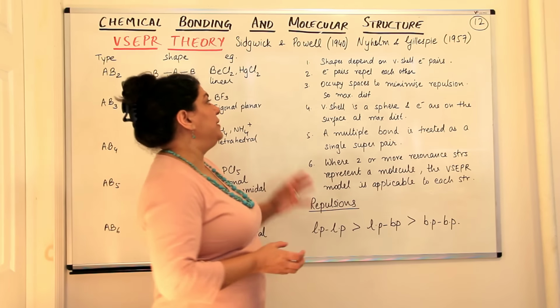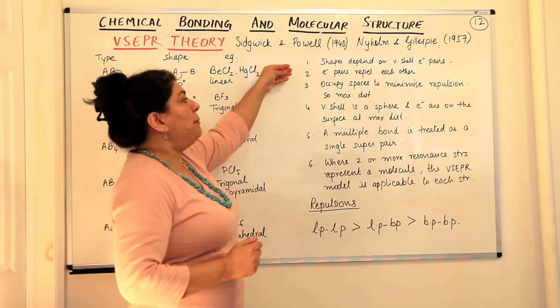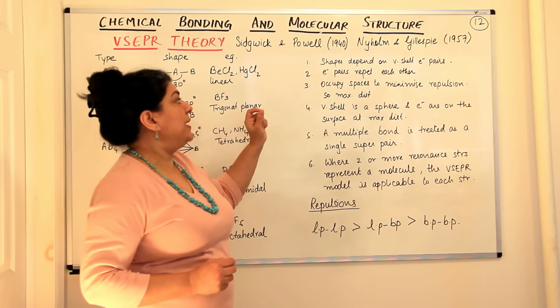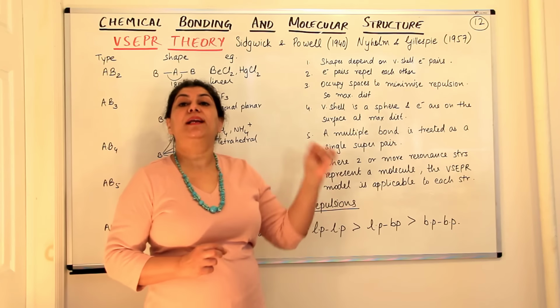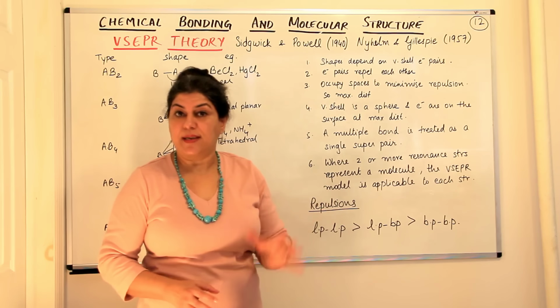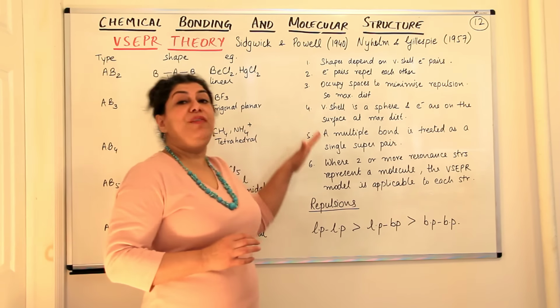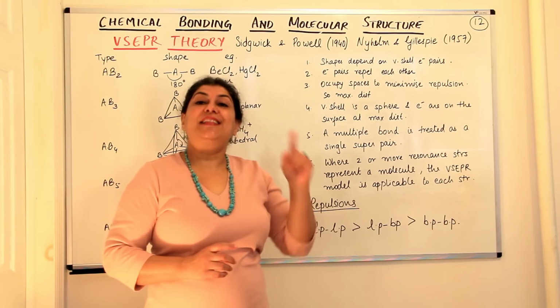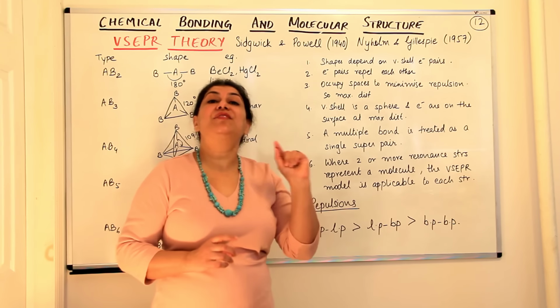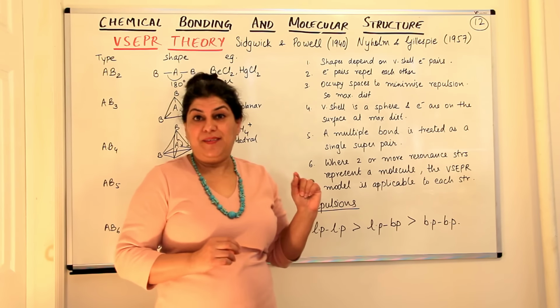So let us read these points one by one. The shapes of molecules depend on the valence shell electron pairs. Now which atom are we talking of? The valence shell of the central atom, right? For example, if you have water, the two hydrogens are on the sides, oxygen is in the middle.